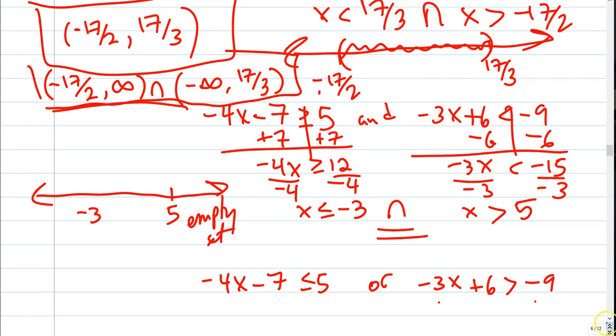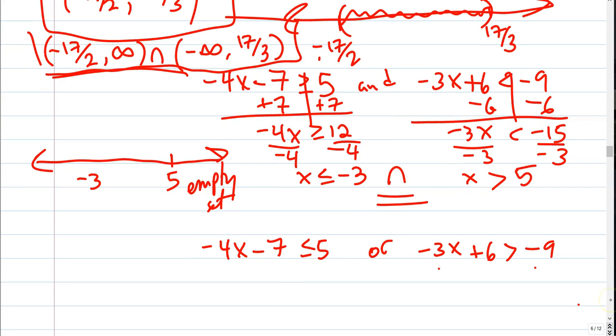If I took that same example and I made it an or, well, we would end up with x is less than, did I mess up on that? Sorry, I actually want this to be the same example, so let me do that.